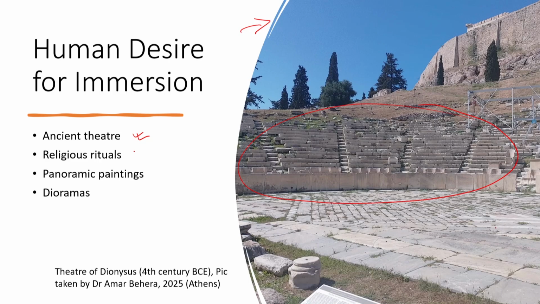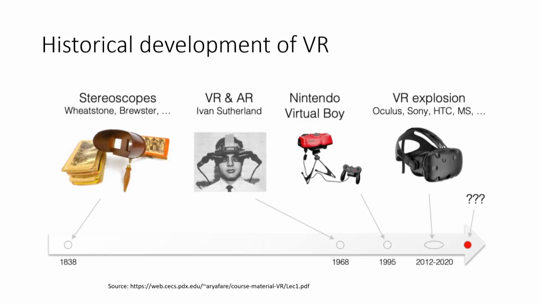Likewise, you may imagine yourself sat in some religious rituals where some mantras are being chanted or some religious act is taking place. Again, you get immersed in that particular act of ritual. Panoramic paintings, dioramas, all of these are examples of past work that has shown the innate desire in humans for immersion in a different time and space as opposed to where we are now.